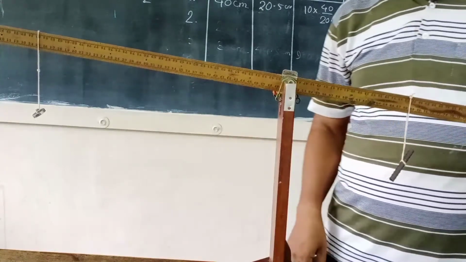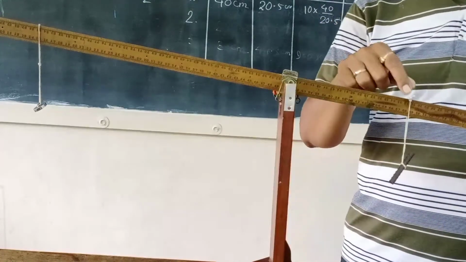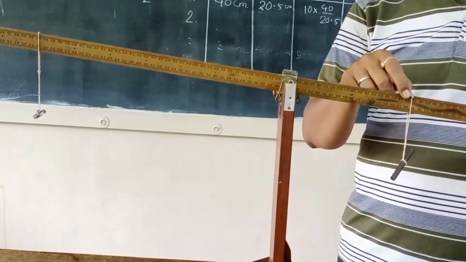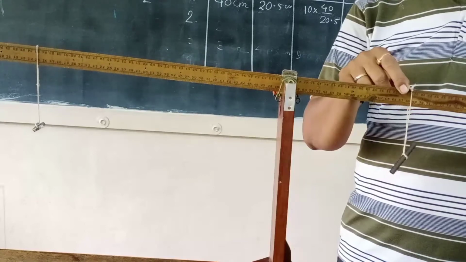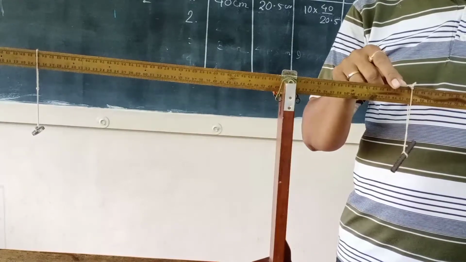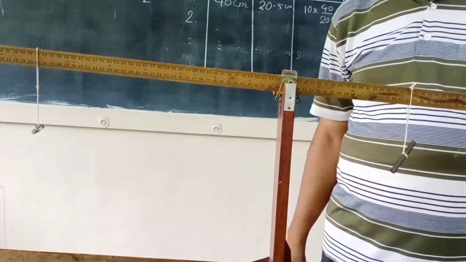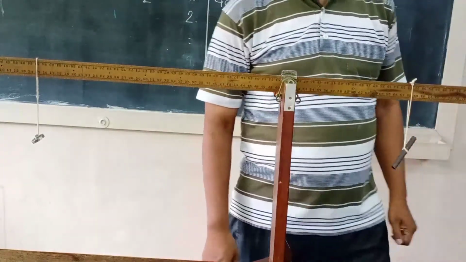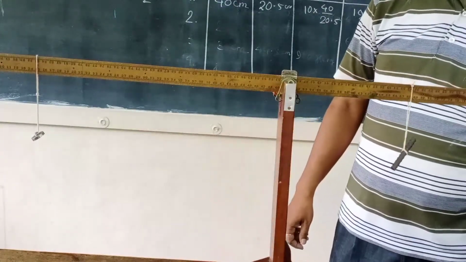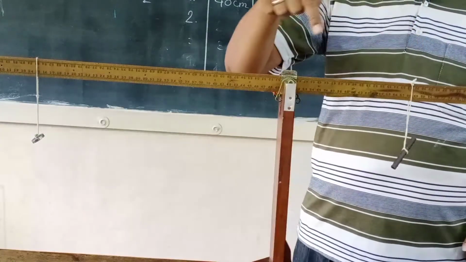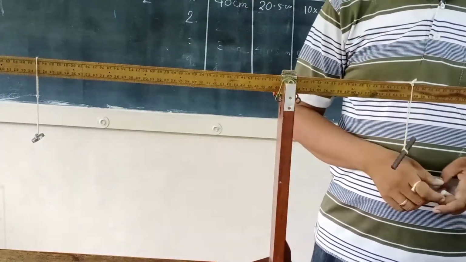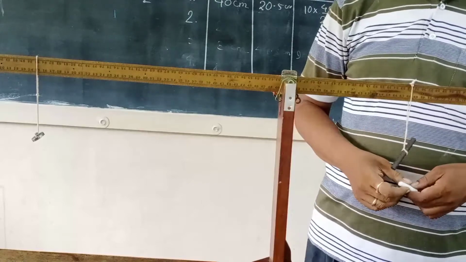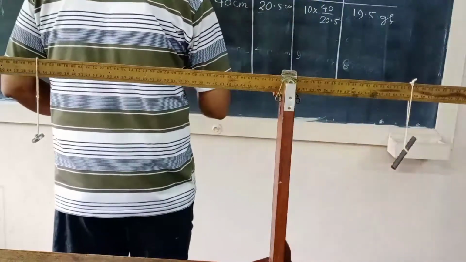You have to do it carefully so that the scale is horizontal. Now it is almost horizontal, and here the reading is this reading minus this reading, so it is coming 18.5 centimeter.